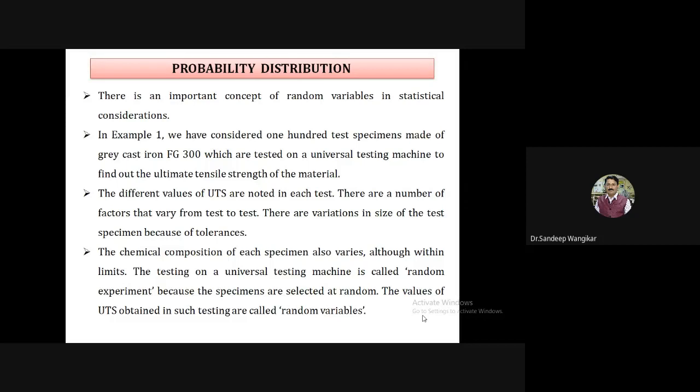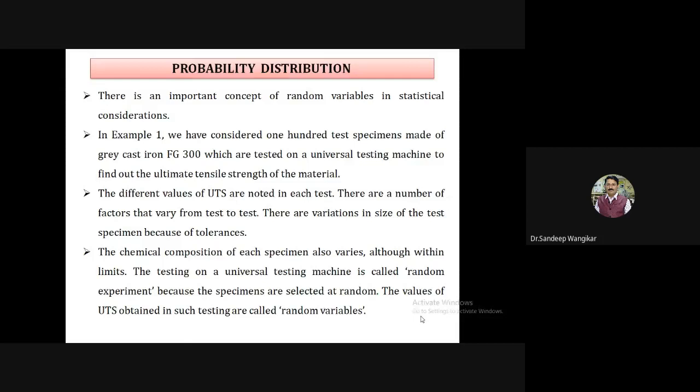Within the tolerance, if one manufactures, for example, let us assume 50 plus minus 0.5.